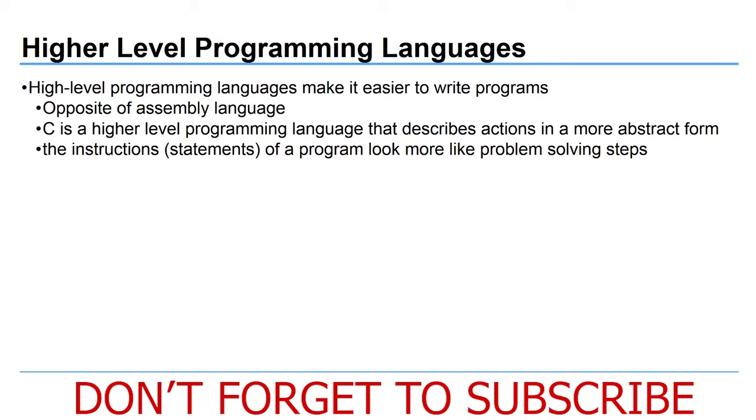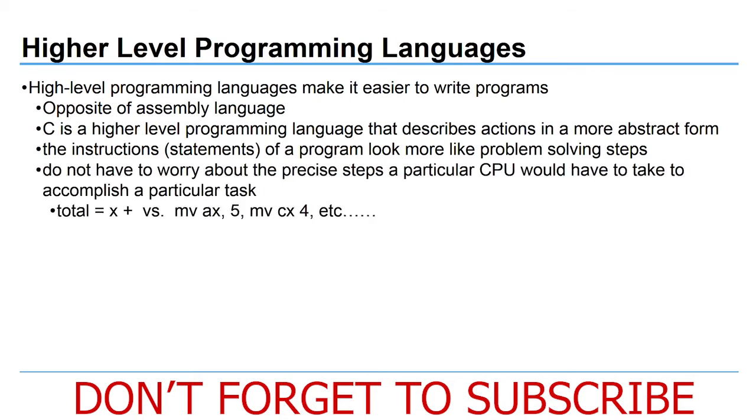If you were to look at an assembly language, you're going to see move commands with registers, with numbers, basically just numeric statements. And by using a higher level language like C, you don't have to worry about any of this. You don't have to worry about the instruction set. You don't have to worry about assembly language statements. So it's much more efficient and much easier to solve problems.